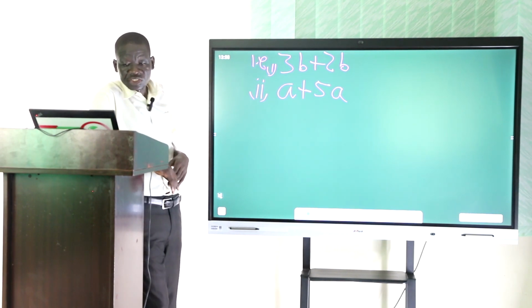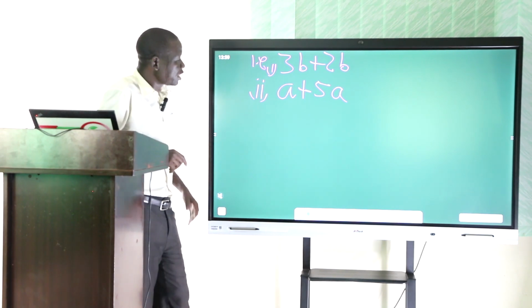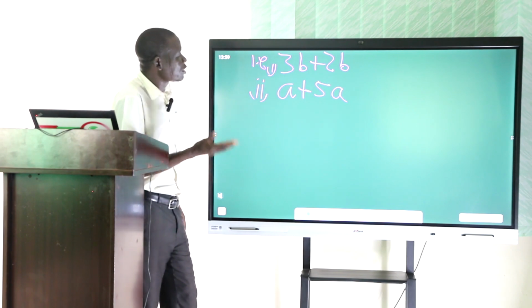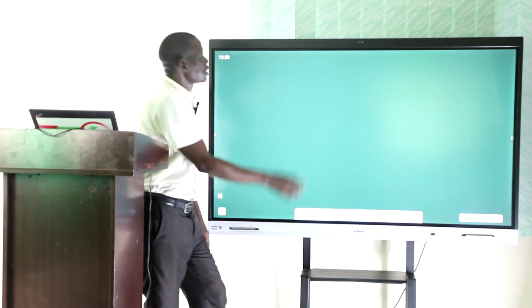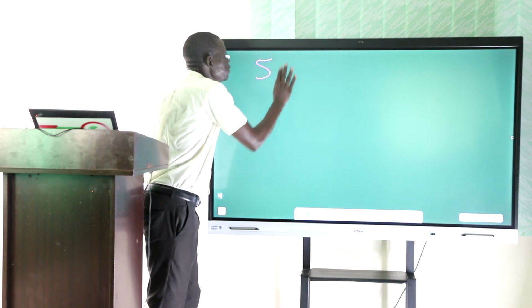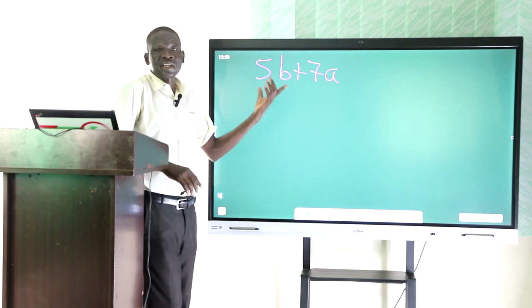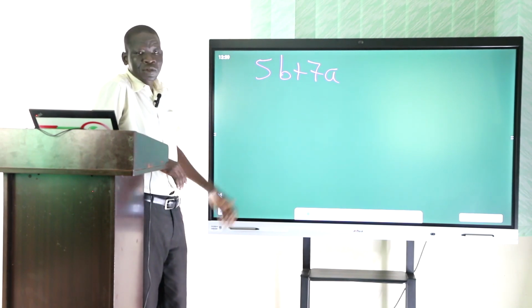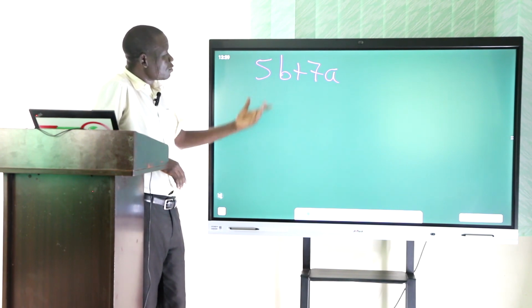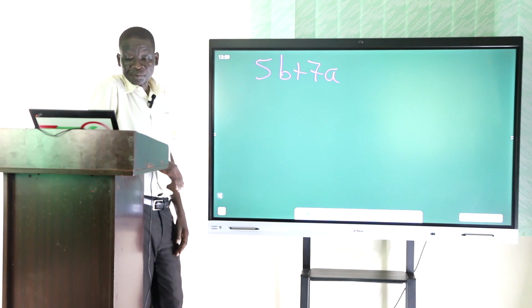So in this case, mathematically, we may have unlike terms. Unlike terms are represented by different letters. We can have maybe 5b plus 7a. These are unlike terms. You cannot simplify them further. Why? Because they are unlike. 5b is different from 7a.